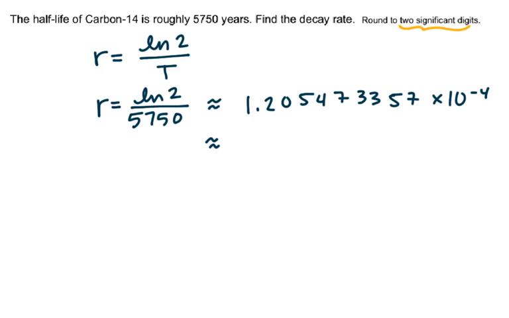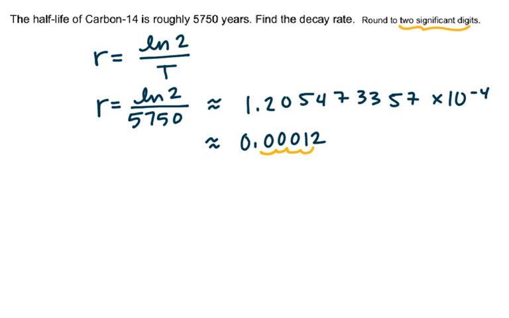So times 10 to the negative 4 means we take that decimal and move it 4 places to the left. Moving it 4 places to the left gives us 0.00012. So it went 1, 2, 3, 4.